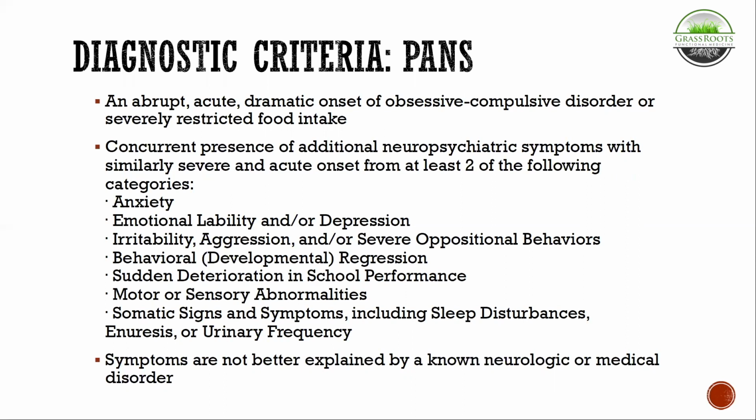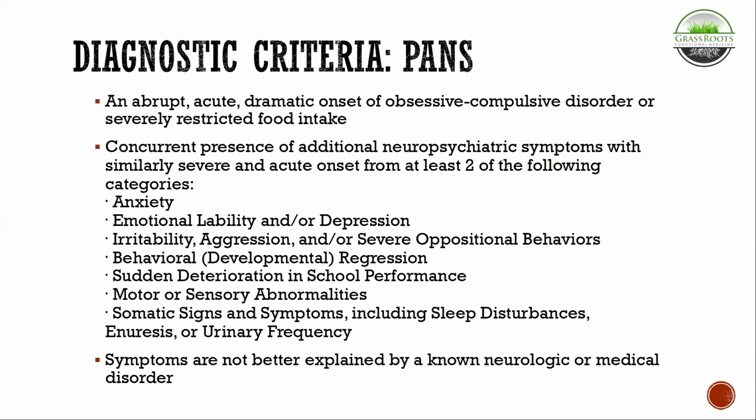So it could be anxiety, labile emotions or depression, irritability, aggression, oppositional behaviors, behavioral regression, sudden deterioration in school performance, motor or sensory abnormalities, somatic signs and symptoms including sleep disturbances or urinary issues. And symptoms are not better explained by a known neurological or medical disorder.